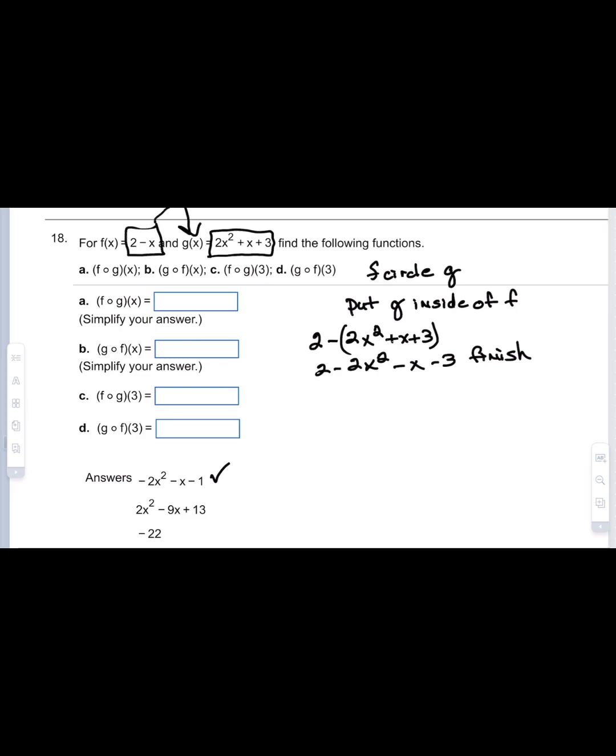And then I do g circle f, meaning I take the f function and I put it inside of the g function. This is a little bit longer. You have to use the FOIL method, meaning you multiply and distribute. I'm taking what f is, which is 2 minus x, and placing it inside of g.